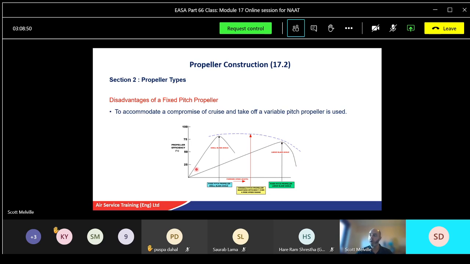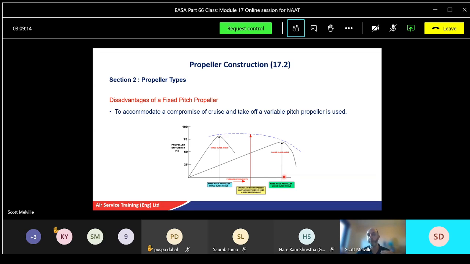Now, what you can see here is the variable pitch one, if I put a line across there, tends to be a lot less efficient overall compared to a fixed one at its peak. The fixed one is very good at its point. The variable one is more consistent, but not quite as efficient, yet certainly far better for forward speed.